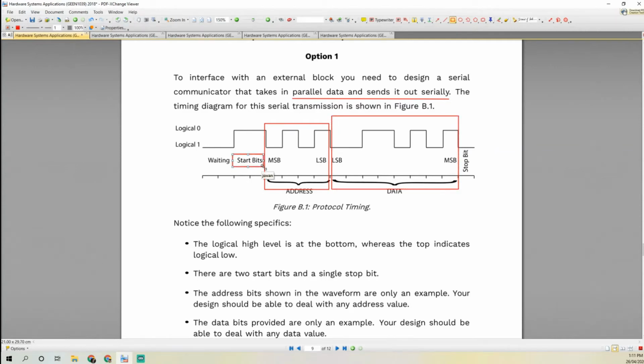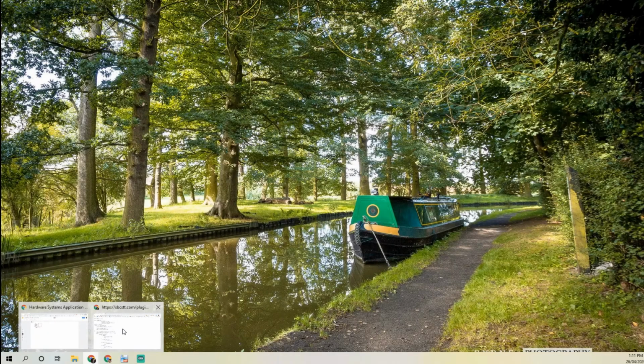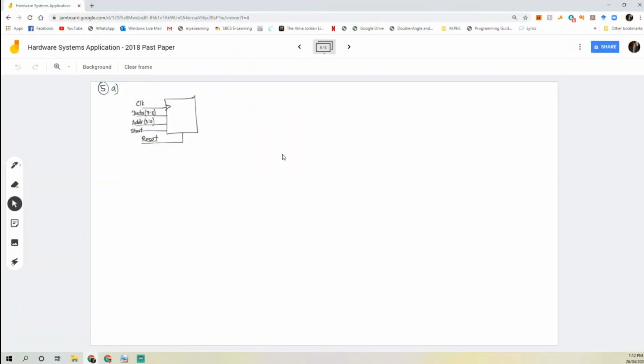The start communication bit is a bit that takes us out of this waiting state and into some state that is going to accept these start bits. So don't think of that start communication signal as the start bits from the diagram. What I'll call that is start com, or start communication.